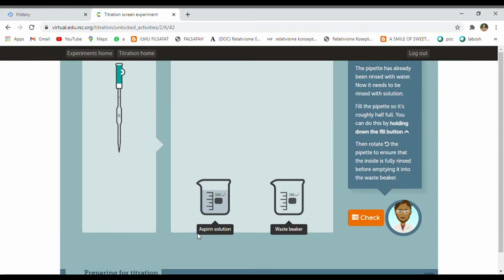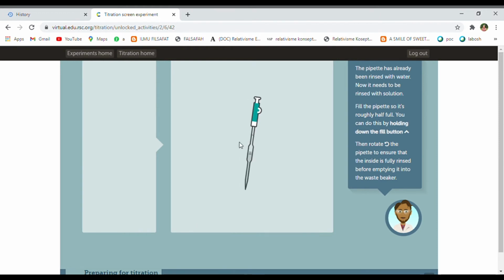For part B, we are preparing for the titration by setting up the beaker and the burette. First, the pipette that has already been rinsed with water now needs to be rinsed with the solution. Fill the pipette until roughly half full and rotate it to ensure that the inside is fully rinsed before emptying it into the waste beaker.